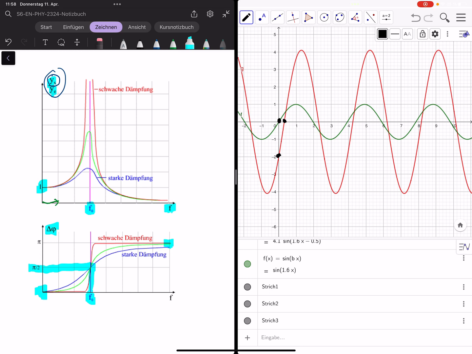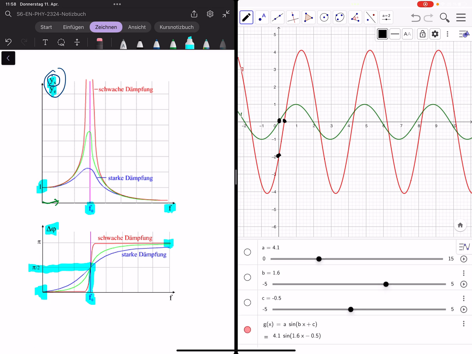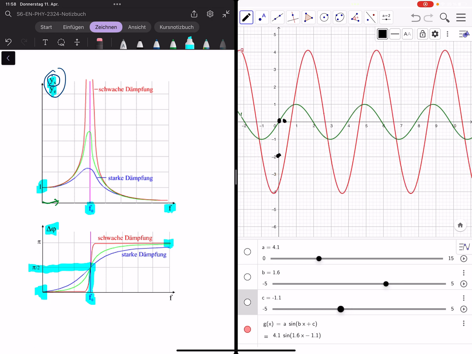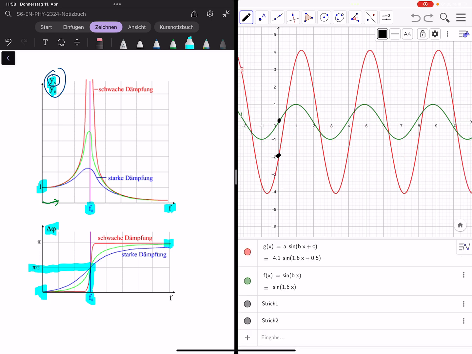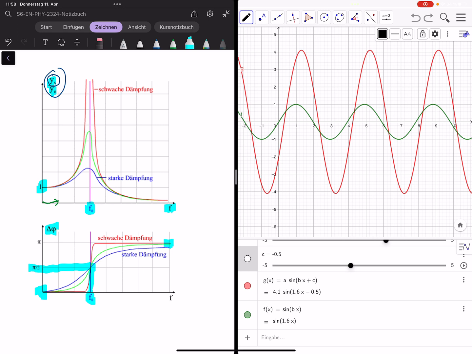But when we have the resonance case, then the difference in the phase will be about here.